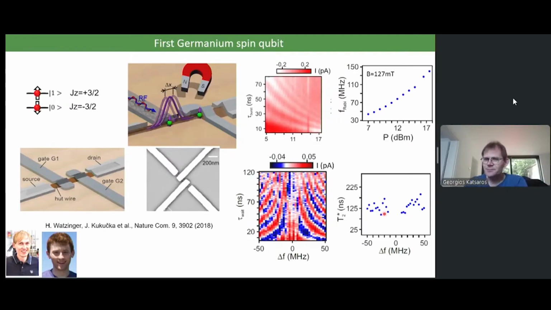So the first spin-orbit qubit in the group of Leo Kouwenhoven showed a T2 star of around 10 nanoseconds. By now, I should comment that the groups of Menno Veldhorst and Giordano Scappucci have T2 star times of 20 microseconds. So germanium is a rather promising material.